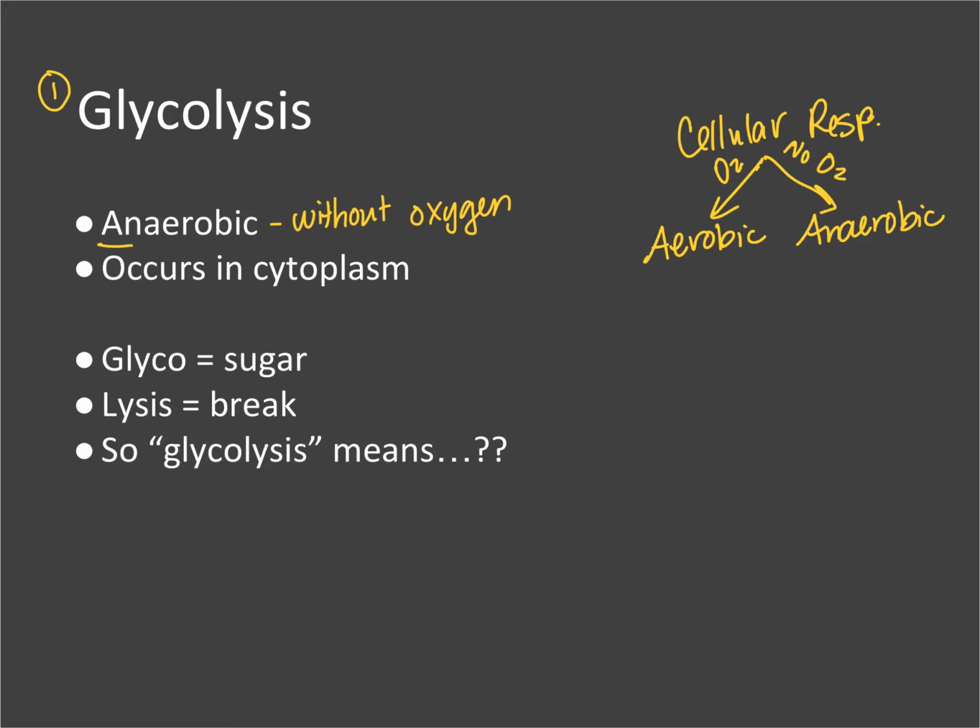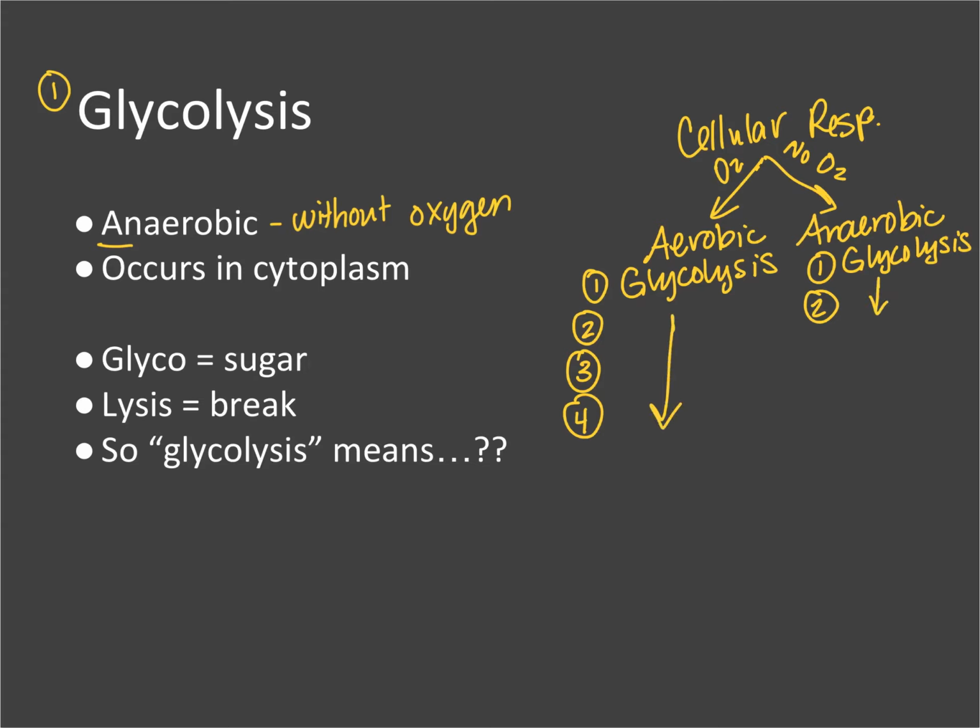And then we listed the main steps of these pathways. And the first set of reactions in both of these was glycolysis. So glycolysis itself is actually an anaerobic pathway, but it's the start of both the aerobic and anaerobic reactions. What happens after that is where things actually start to differ.